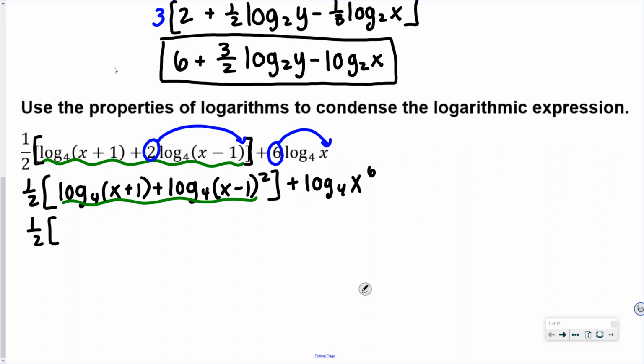Okay, so I kind of put those powers back first. And as I mentioned, I'd condense this inside. So since I'm adding these, we would multiply. You don't actually have to do the multiplication. You just write it like that. Remember that square would only go to the x minus 1 because that 2 was in front of that log. You need to apply that in the- Nope.